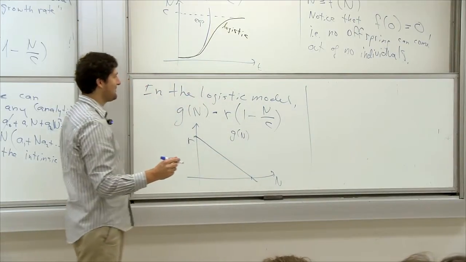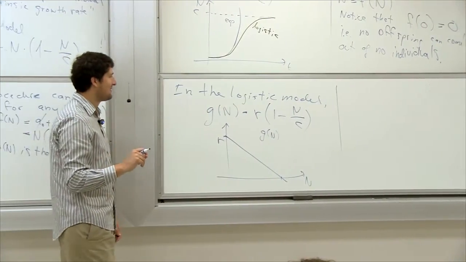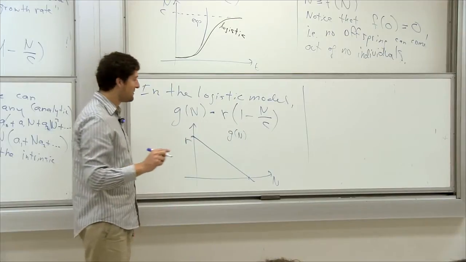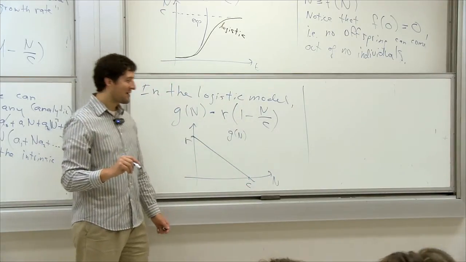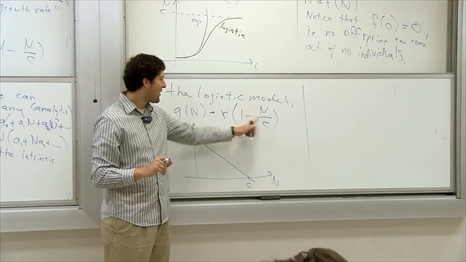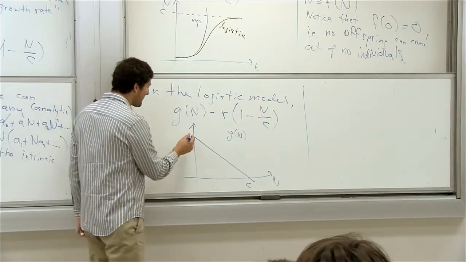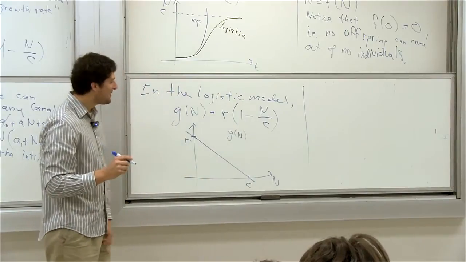Is that right? No, we just. Do I hear C? C, that's right. Okay, because when n is equal to c, right, you set it in here, and this becomes 1, 1 minus 1 is 0. Okay, good. Now you're waking up.